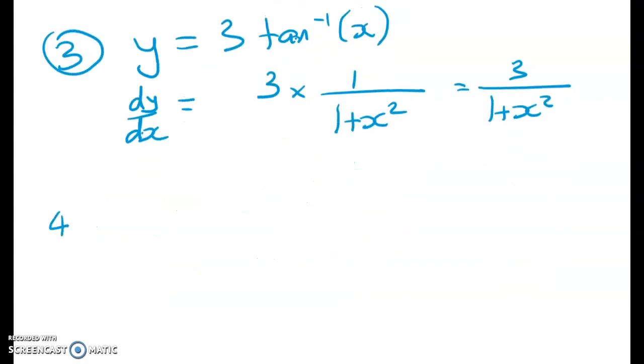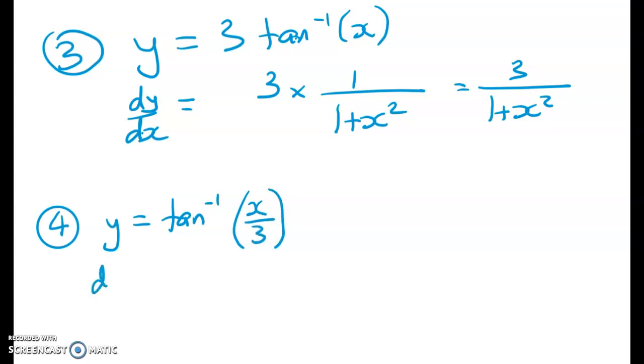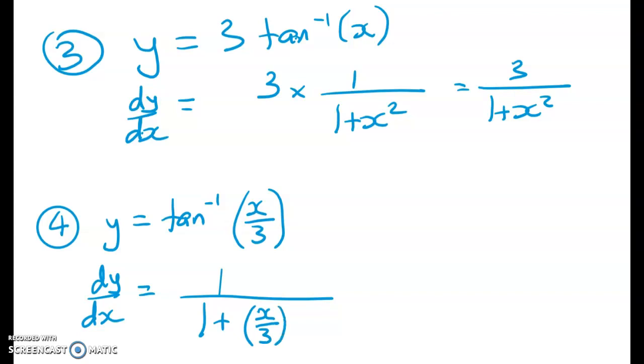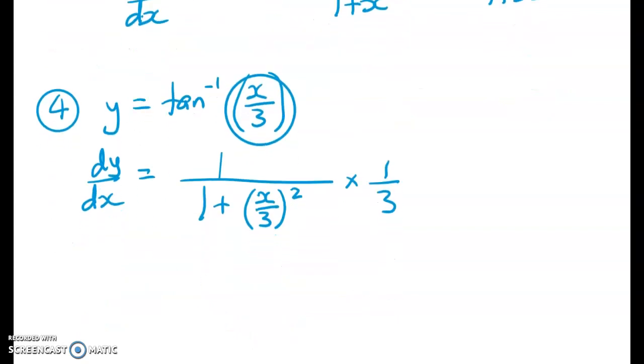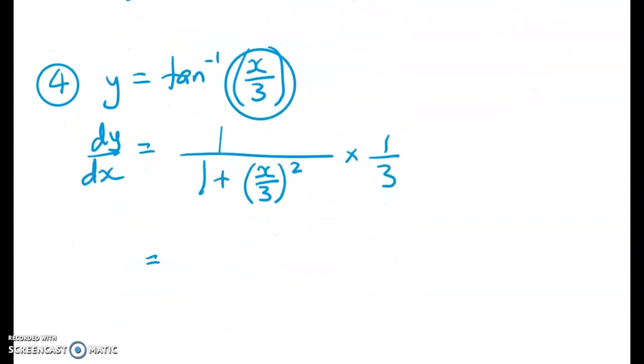Number 4 is another one where we want to use the chain rule because we've got tan inverse of x over 3. So dy by dx will be 1 over 1 plus (x on 3) squared, times the derivative of the inside function, which is 1/3. So this needs a little bit of cleaning up.